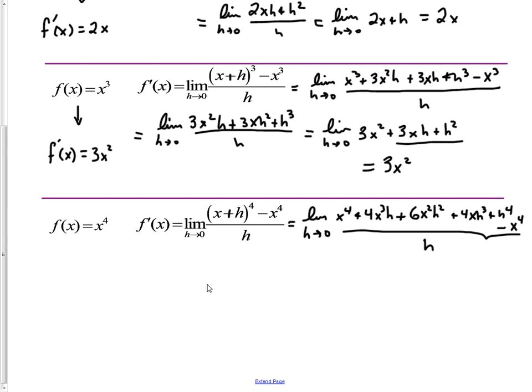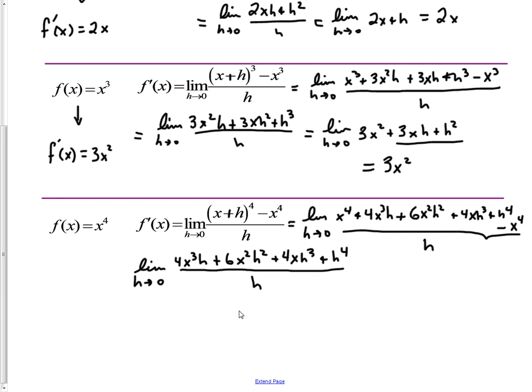As we saw before, the x to the fourth terms drop out by subtraction, so we're going to be taking the limit as h approaches 0 of 4x cubed times h plus 6x squared times h squared plus 4x times h cubed plus h to the fourth power. Again, we're dividing by h, which is a common factor to each of those terms.